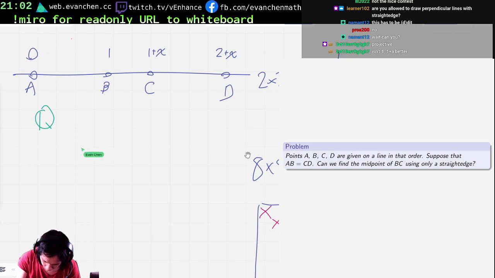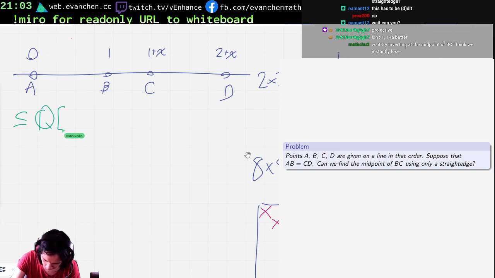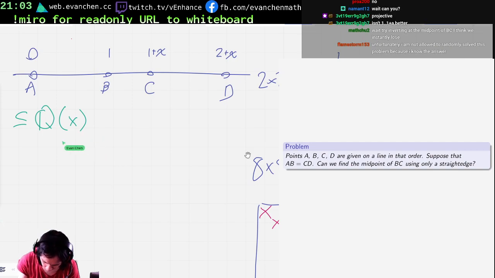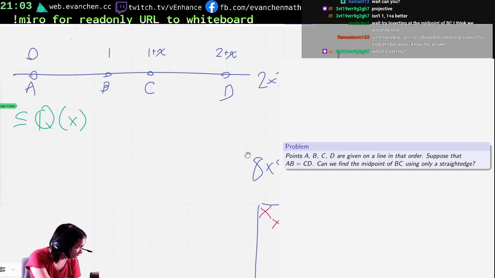The set of numbers you can get is certainly contained inside whatever Q adjoin x is. No, that's not right. Is it Q adjoin? But what?